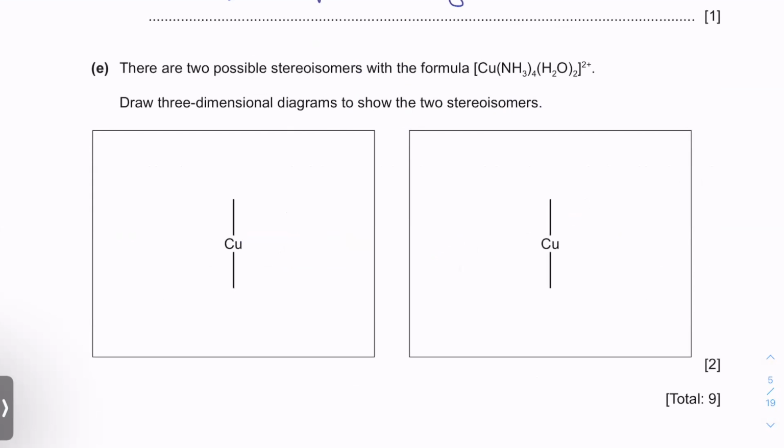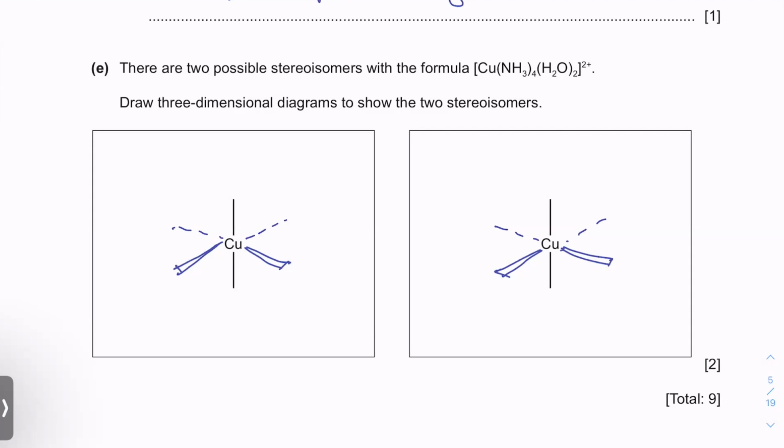There are 2 possible stereoisomers with the formula. ठीक है. Draw 3-dimensional arrows. अच्छा, अब stereoisomers में you have to understand that you need different ligands in the same plane. अगर same ligands in the same plane आ जाएंगे ना चारों, तो फिर मुश्किल हो जाएगा इनका stereoisomerism बनाना.